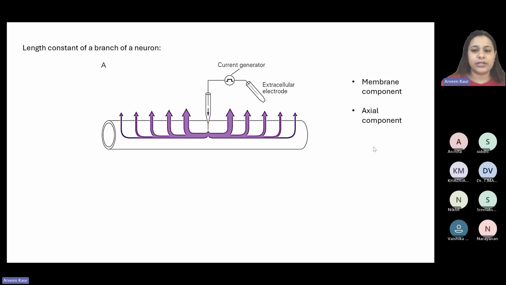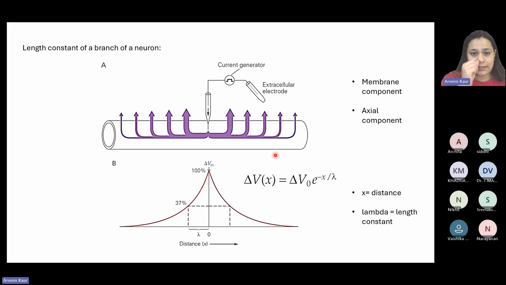And how fast it is reducing is going to depend on two components. One is the membrane component and the other is the axial component. And we will shortly discuss these two, right? The second thing that was depicted by this length constant is that it depends on x, that is distance, and the length constant over here is given by lambda, right?